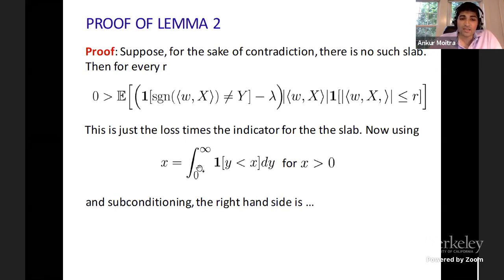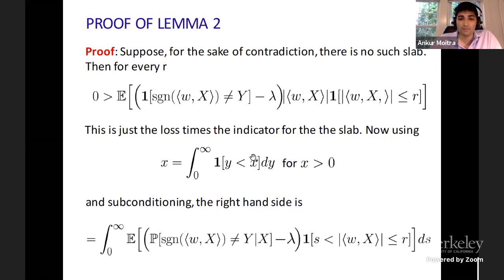But the key point is that this identity is going to allow us to absorb this absolute value term inside this indicator by adding a new variable, not y, but the variable s. And the result is that we integrate over s. So if we absorb that inside, we get this identity.